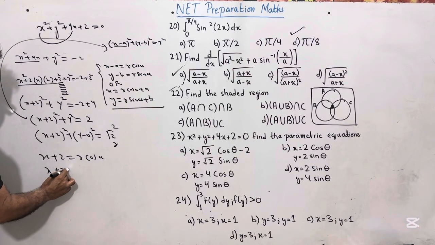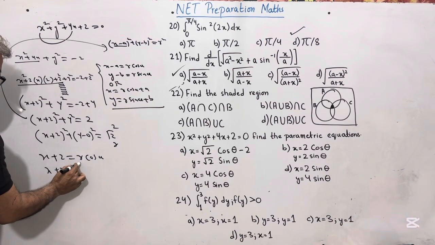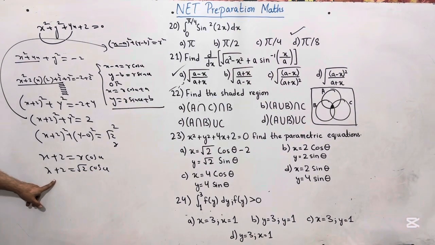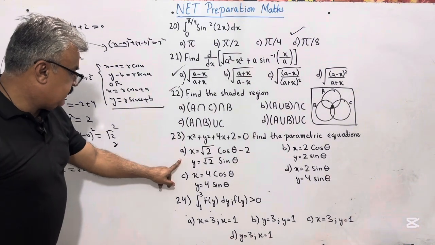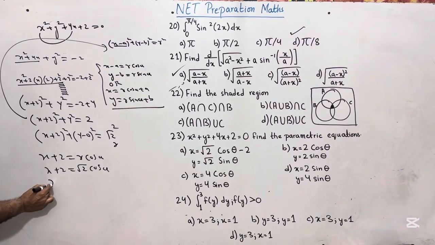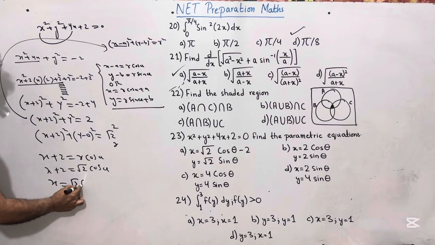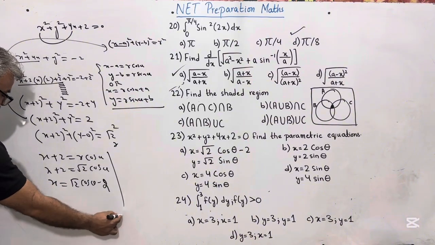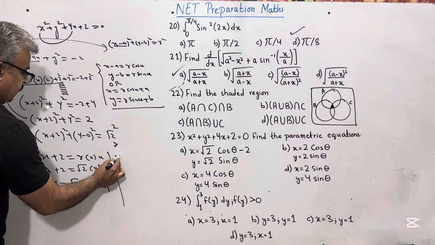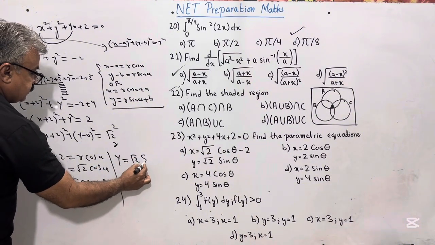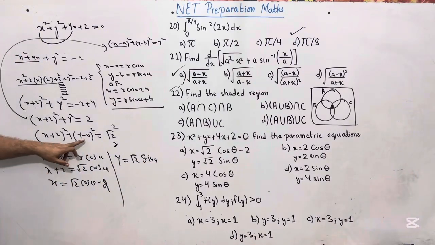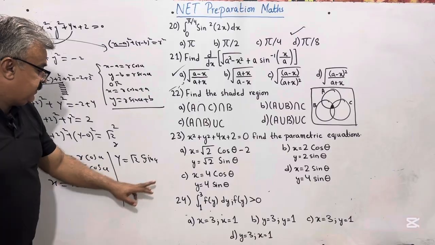Here r is root 2, so x plus 2 is root 2 cos theta. Shifting 2 here, we have x is equal to root 2 times cos theta minus 2, and in case of y, I have y is equal to root 2 sin theta. There is 0, there is no need to write 0 here.